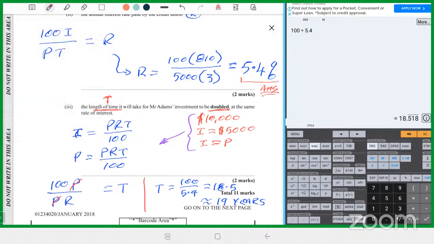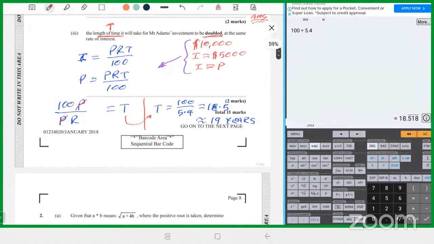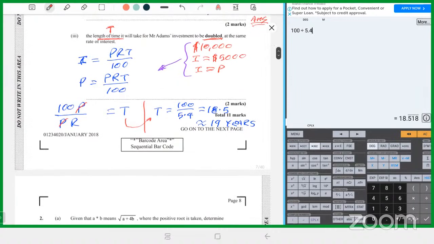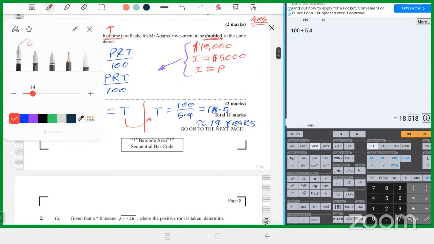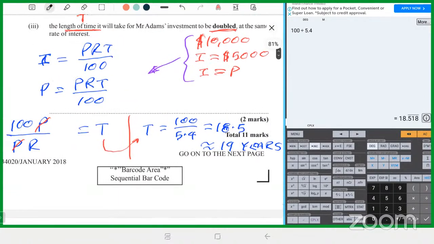If we wanted, as I said, we could have worked with the numbers, right? I'm going to show you quickly. So for this calculation, let's zoom up here and do it in black. I could have instead worked with the numbers and put the interest as 5,000 and put the principal as 5,000, right? And you're still transposing to make t the subject.